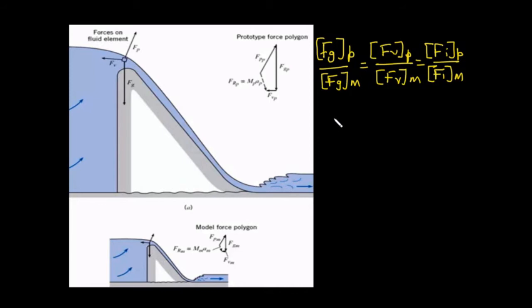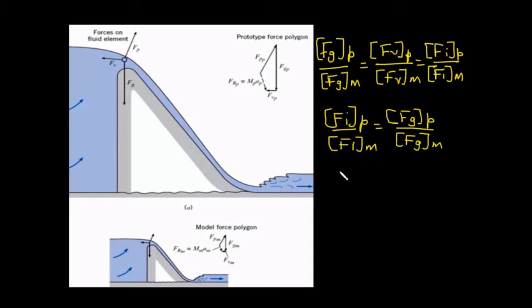Now we can derive from this expression easily that, let us say we consider Fi in prototype divided by Fi in model is equal to Fg in prototype divided by Fg in model.